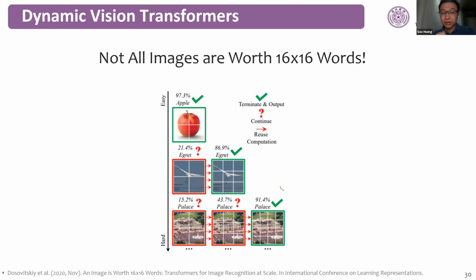So if we have fewer tokens, then the computation can be greatly saved. We do not need to split all the images into those tiny patches, and for some easy images, we can use fewer tokens to save computation. So based on this intuition, we developed a dynamic vision transformer architecture.